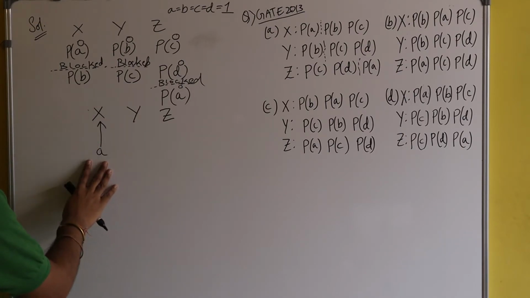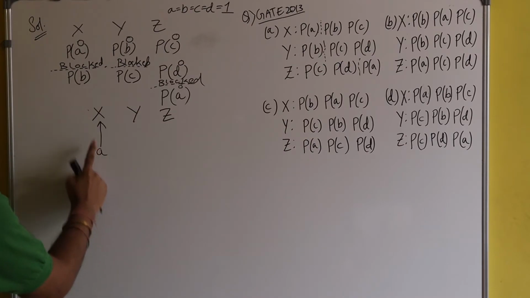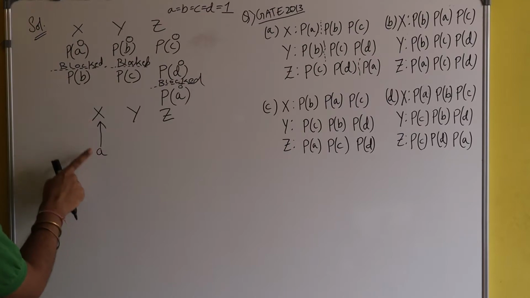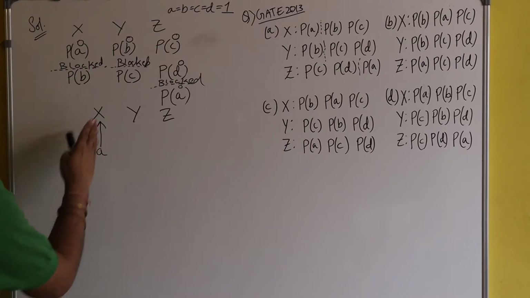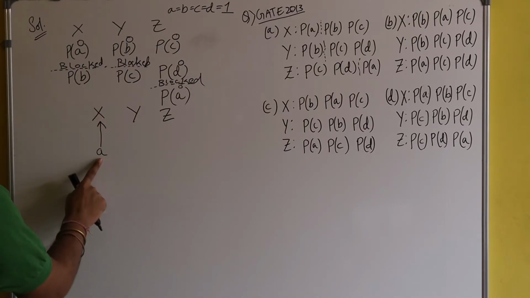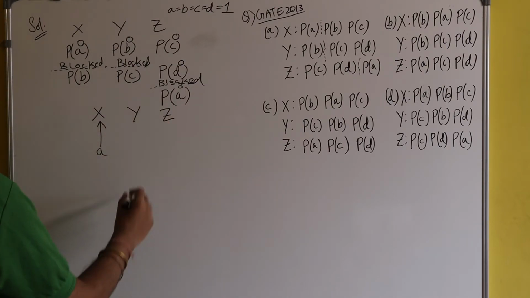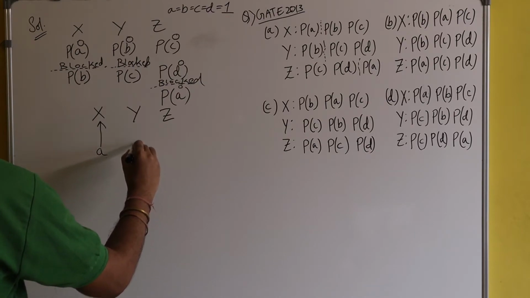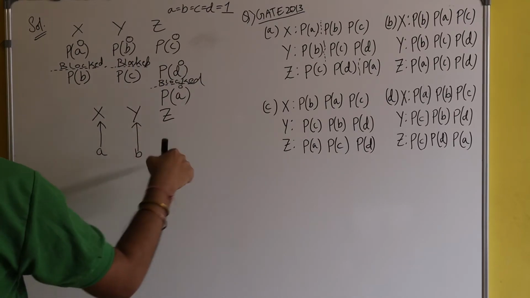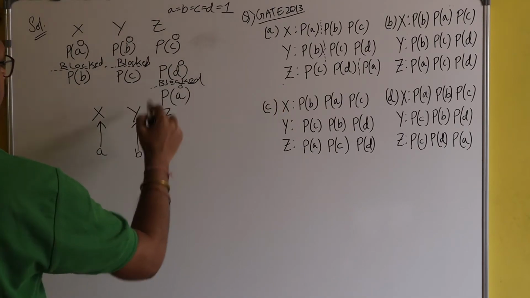So now process X is holding a variable. Think like this: the arrow towards X means process X has successfully executed the P operation on mutex variable A, so process X is holding this variable A. And after that, there is a context switching, and now Y has also successfully applied the P operation on B.